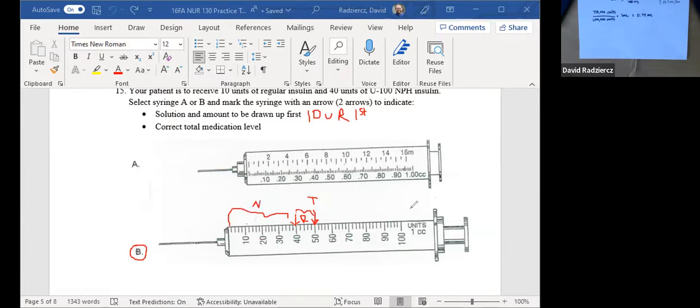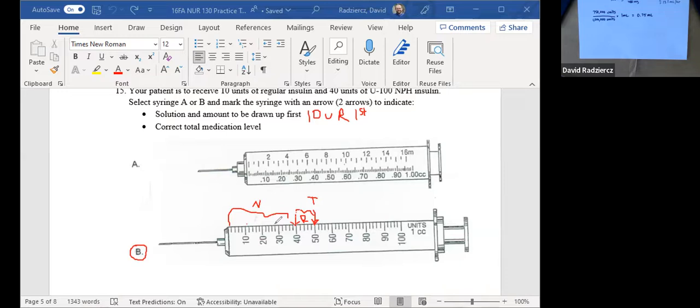I'll just write it N. So I would actually add extra marks to the syringe just to make sure that my instructor knew exactly what they were asking for. This question has been around for a while, and I'm surprised that it's still asked. I think it's important to know, when you look at the syringe, that it's in increments of 2, so 20, 22, 24, 26, 28, 30. So be careful with marking that.